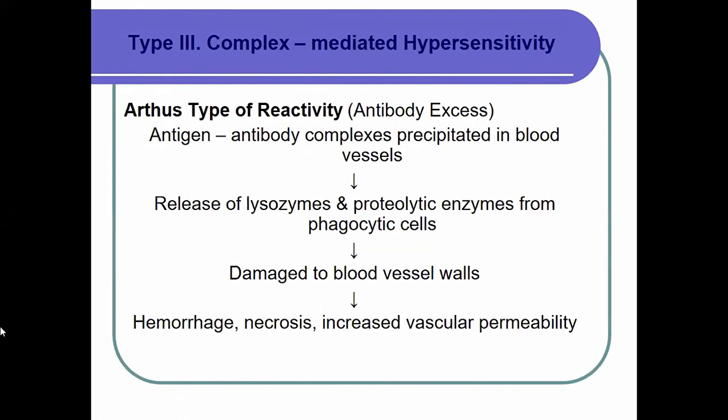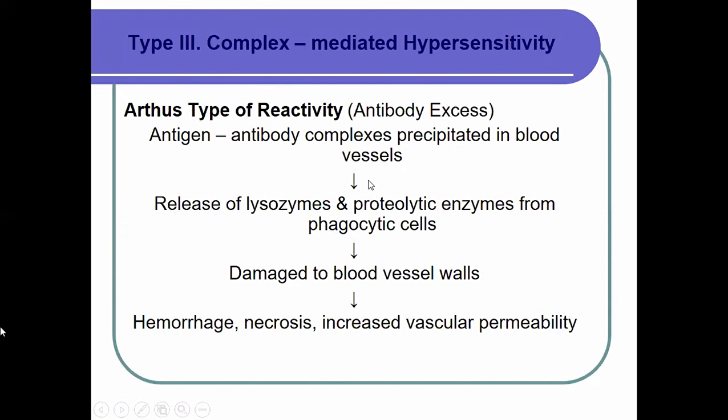Okay, so what are examples of type 3 hypersensitivity reactions? We have the Arthus type of reactivity. The antigen antibody complexes precipitate in the blood vessels.